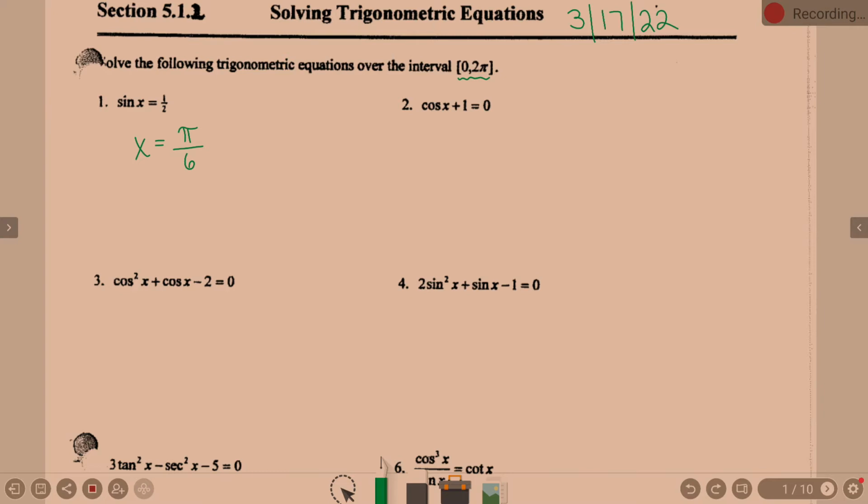No. But notice on the chart, we only have angles from what quadrant? We only have angles from quadrant 1. Could sine equal 1/2 in another quadrant? It could. So I'm going to bring this back. Because here's the deal. We have to figure out what other quadrant we want to look at and figure out what angle in that quadrant makes sine equal 1/2.